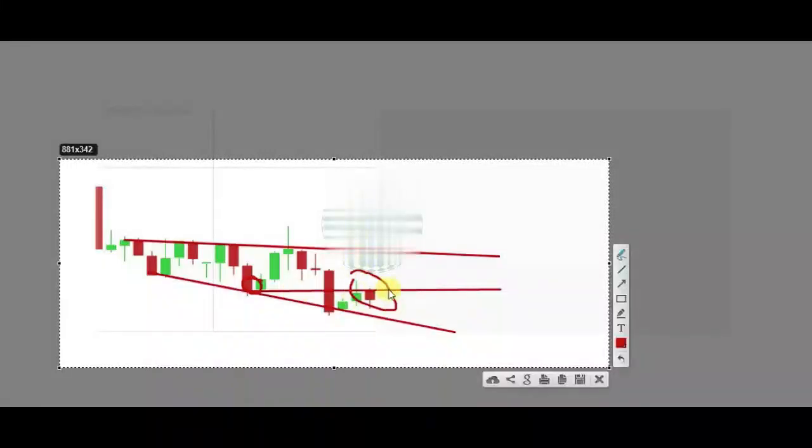But still we don't have any trade because after this candle we don't know where the market will go, either down or up. We will only place a trade when the candle closes at the proven levels.